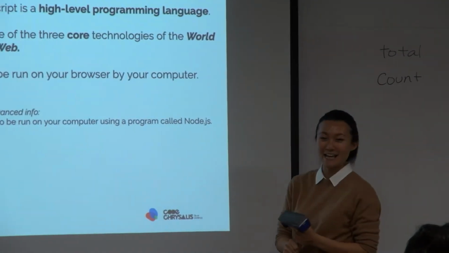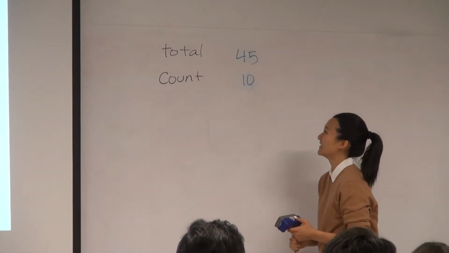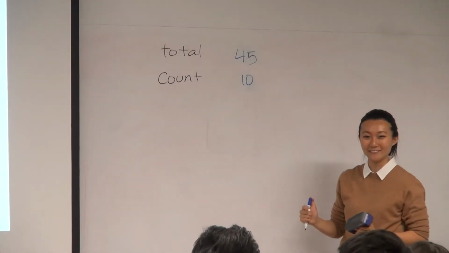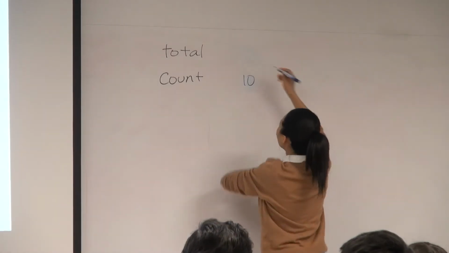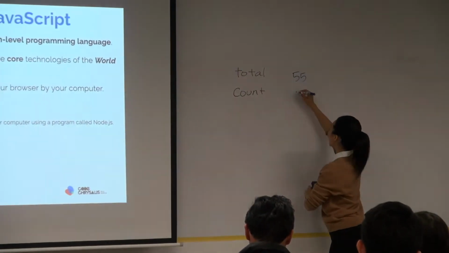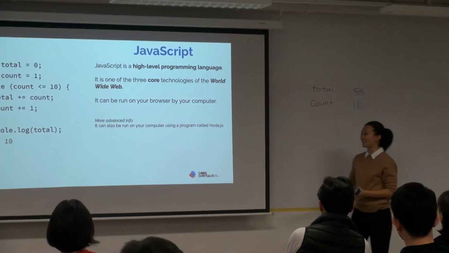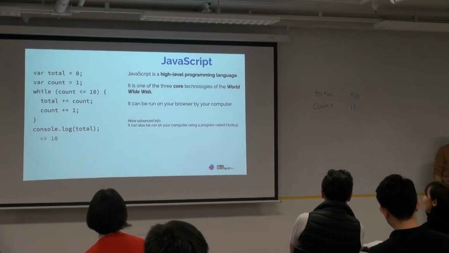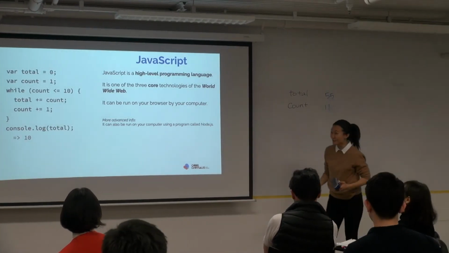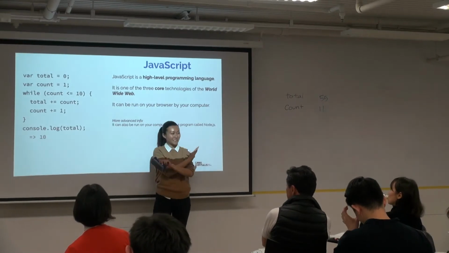Count less than or equal to 10? True. So what is my new total? 55. And then count is 11. Do I loop again? Nope, because my count is now greater than 10, which means that this is false, which means that we can stop looping.